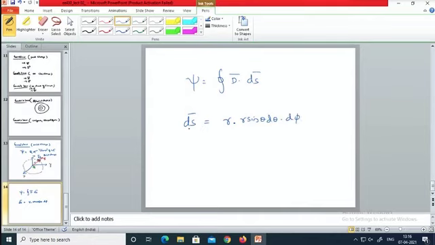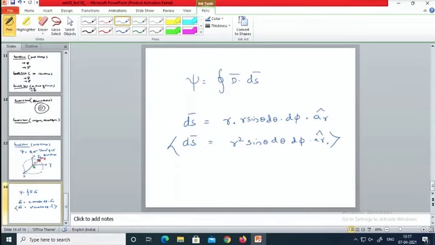So this is nothing but a small cube I am finding out, length into breadth into height. So this is a small area, and the direction is given by a_r cap. So finally, dS vector is equal to r square sin theta d theta d phi into a_r cap. So this is my expression for dS vector.